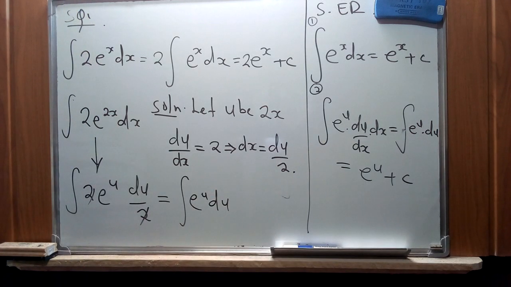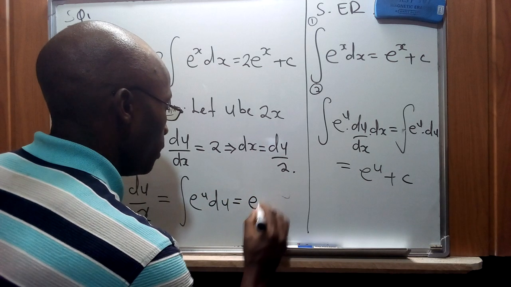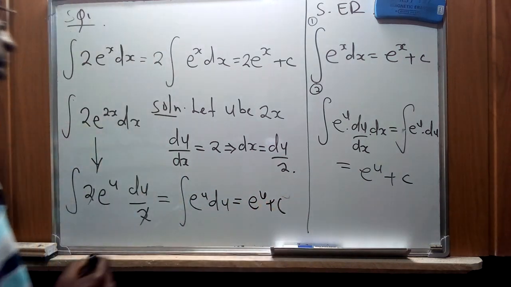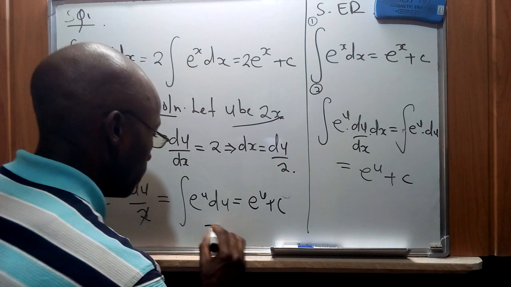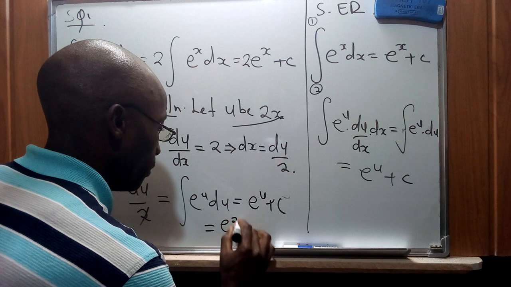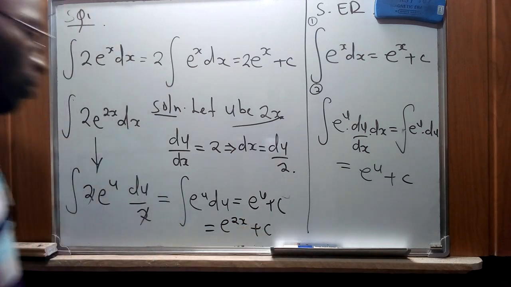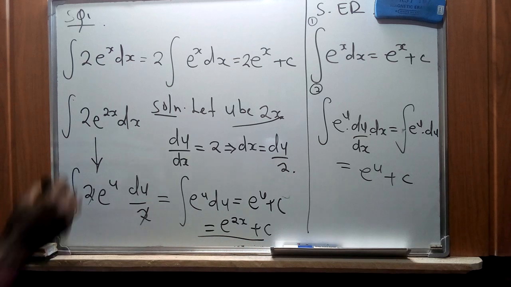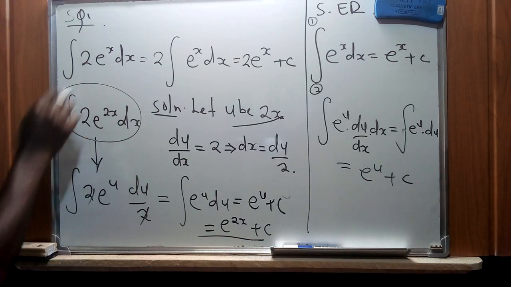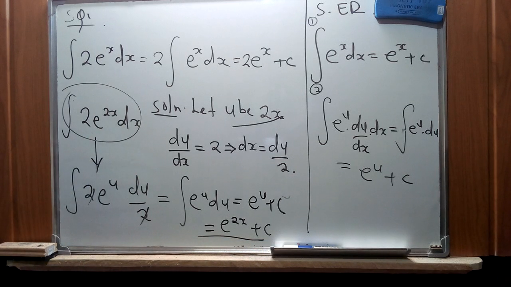Under the general exponential rule, this can be solved by finding the answer to be e^u plus c. But remember, we did a substitution for u to be 2x, so we retain that and write e^(2x) plus c. This is the answer to the question.